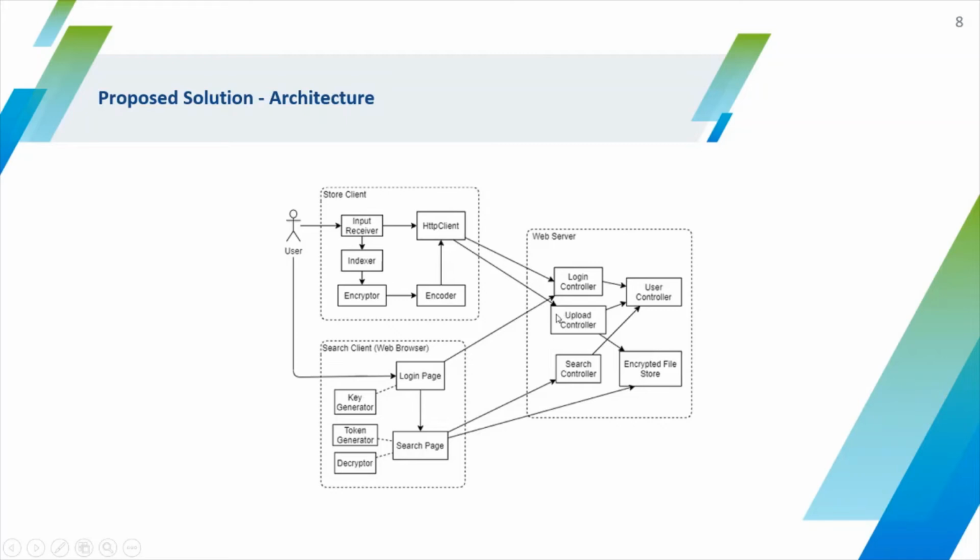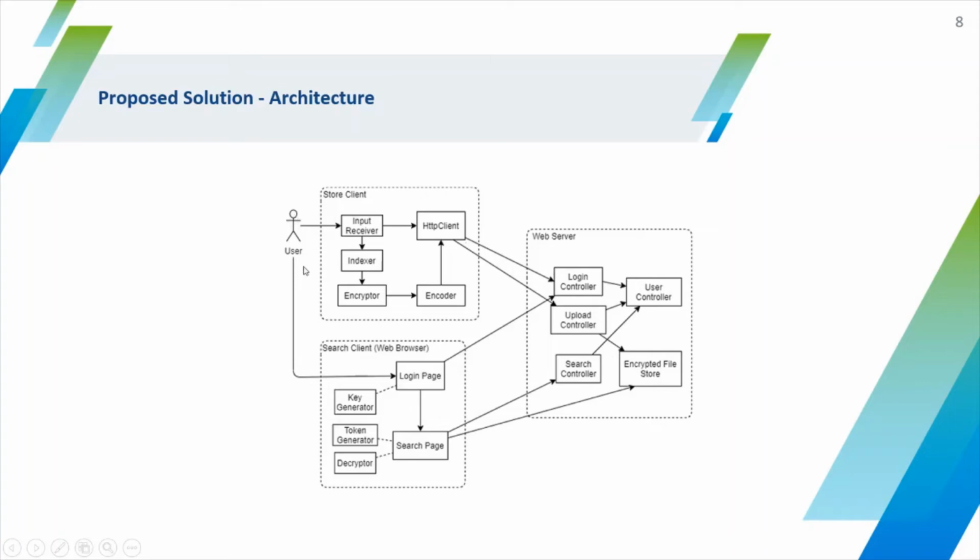When the web server receives the index and files, it needs to do some parsing here in the upload controller, and the result is stored in this encrypted file store.